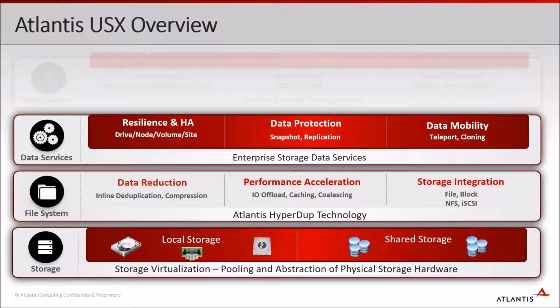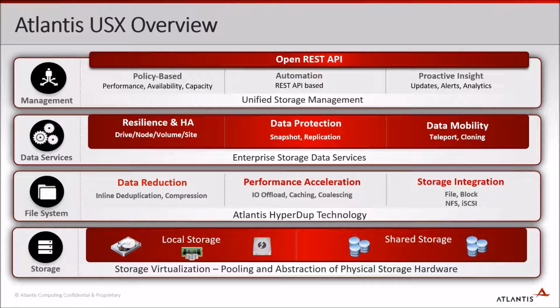And then finally, all of this enterprise data services and the inline deduplication advantage that we have and the pooled and abstracted hardware can all be managed using a very simple UI, and then on top of that we also have a very comprehensive RESTful API interface. So that's in 2 minutes the overview of the architecture that brings storage efficiency, performance, and enterprise data services to our customers.